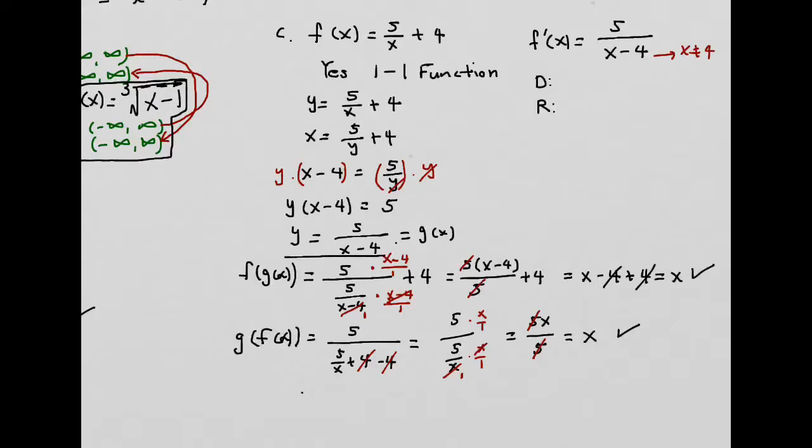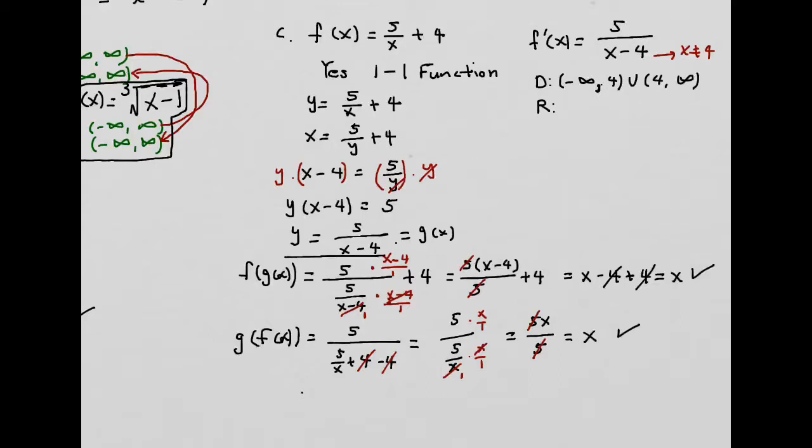Since that's the restriction of the inverse function, your domain is going to be all real numbers but 4. So I could say this is going to be negative infinity to 4 and 4 to positive infinity. So excluding 4 from all the real numbers.